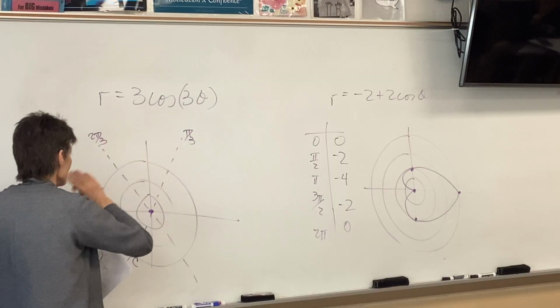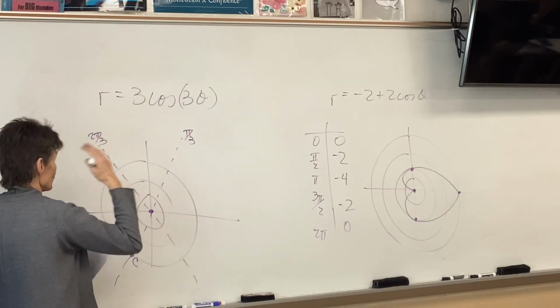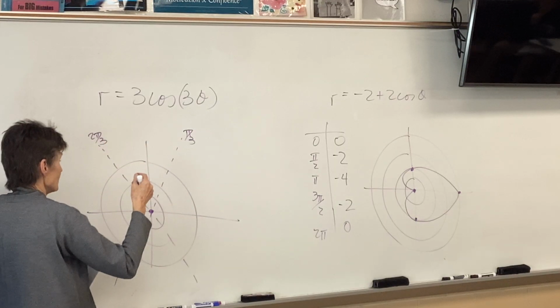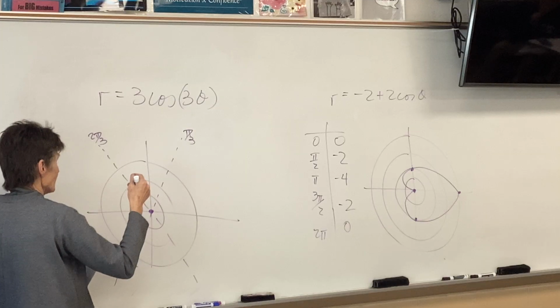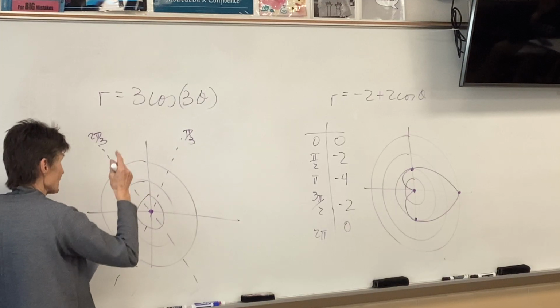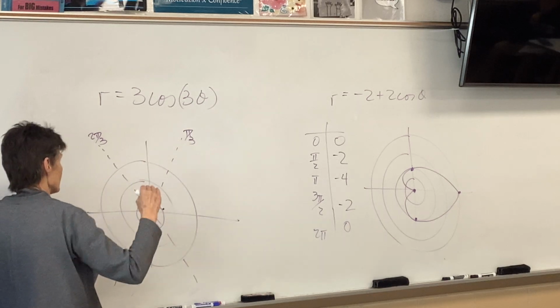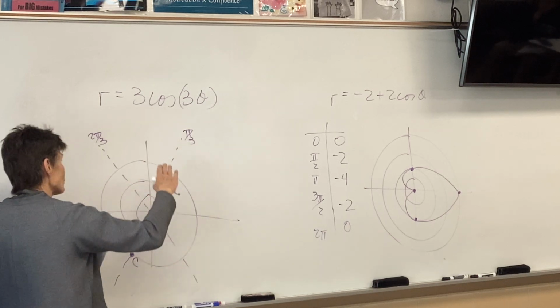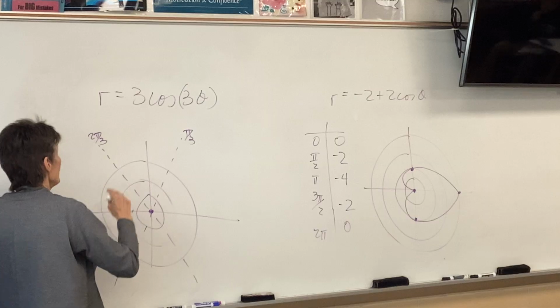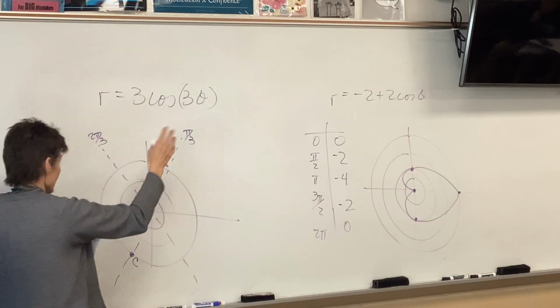Well, you can do this really easily. You can either use your common sense as you're graphing on the polar, watching your calculator graph, the way it goes from point to point to point, or you can actually plot the points.